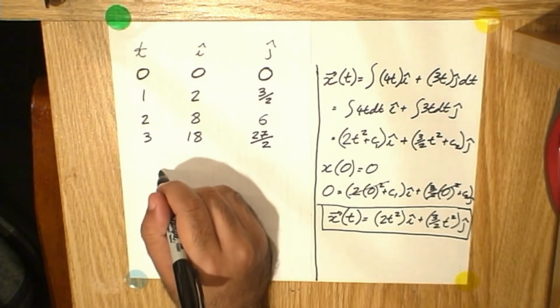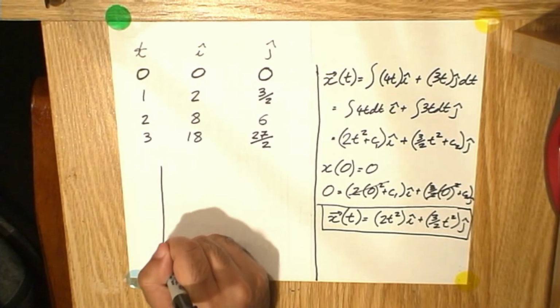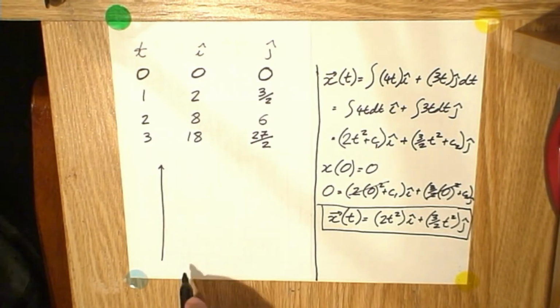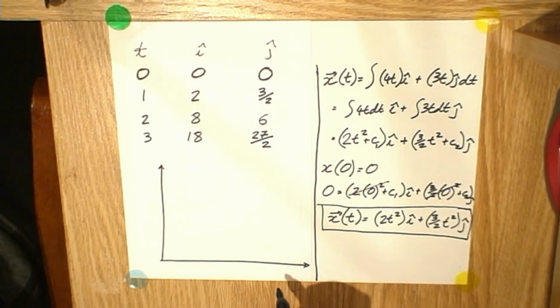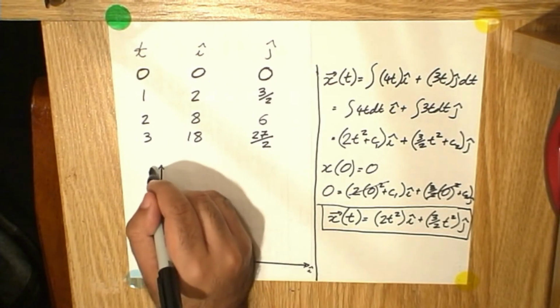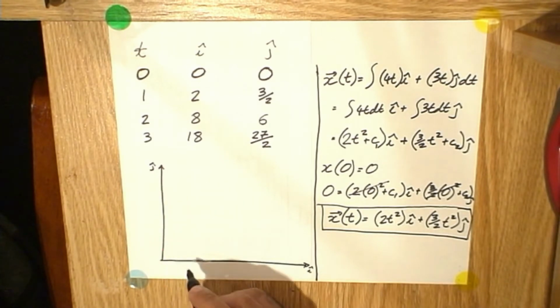So we could draw a graph over here. And we could set this as being the i hat direction, this as being the j hat direction.